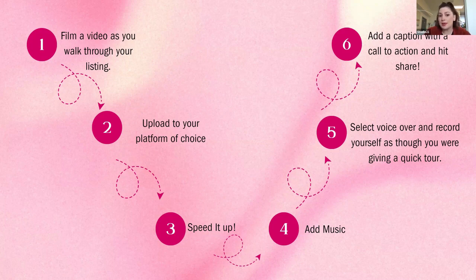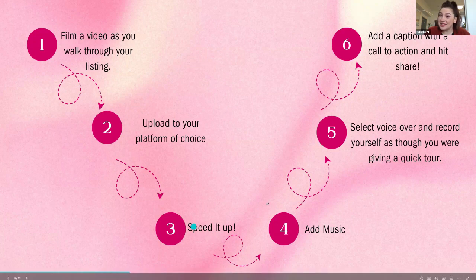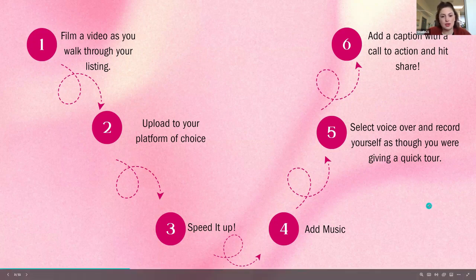The next step will be to upload to your platform of choice. We have a focus on Instagram in this presentation, but the instructions also carry over to TikTok very easily. We'll go over each step in detail once we go over this overview.